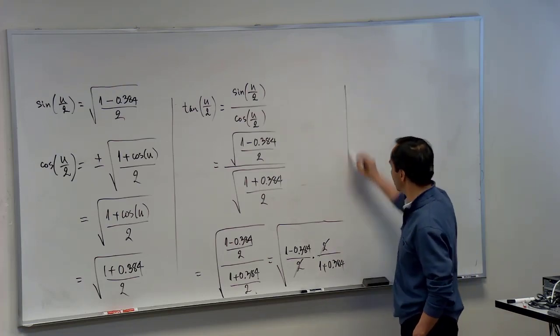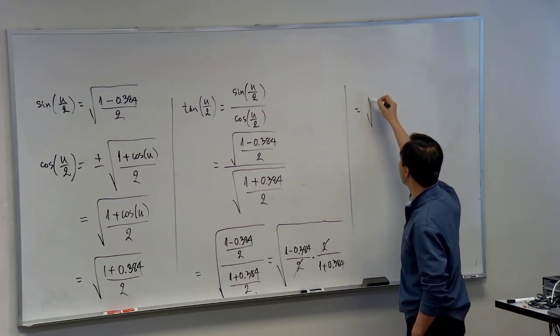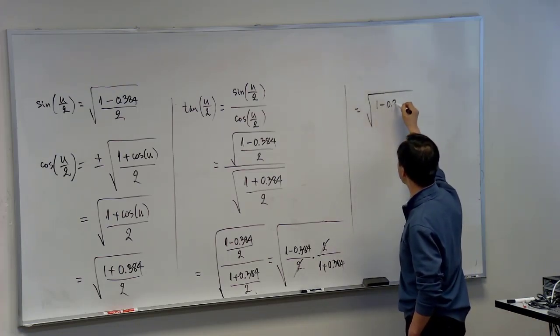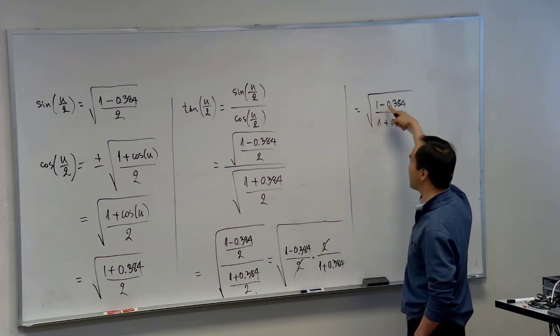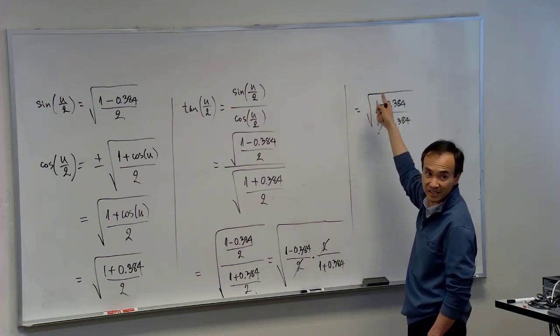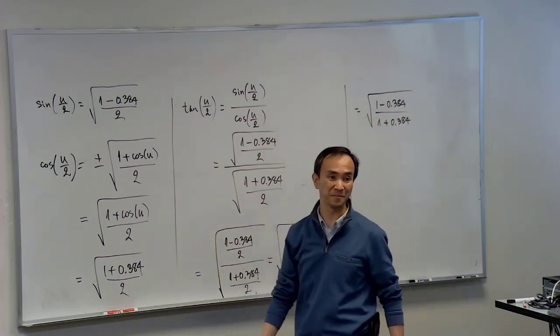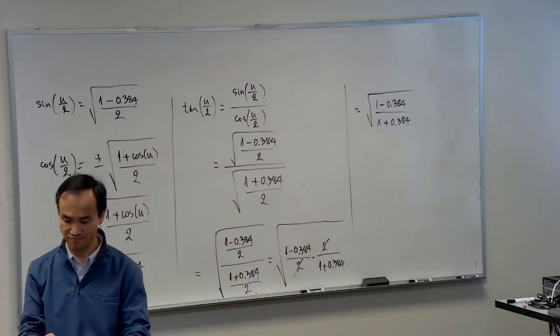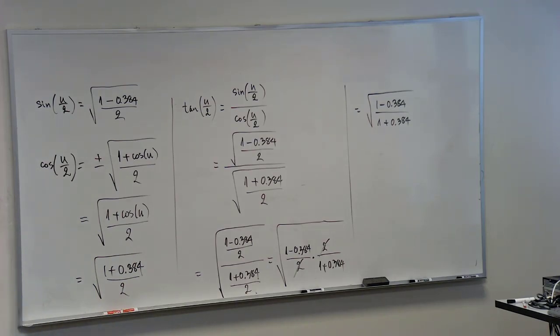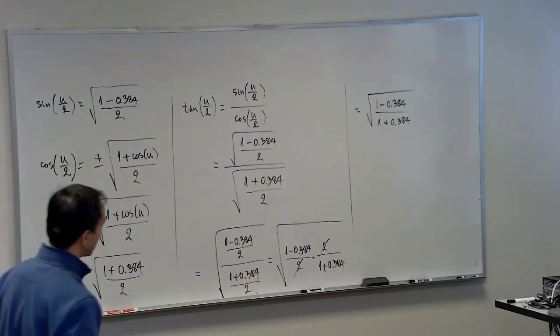And that will leave behind for us, in the square root expression, 1 minus 0.384 divided by 1 plus 0.384. So now you guys just go ahead and do the final calculation on that, and then take the final square root. That's all it needs. The final answer is just a matter of punching it in the calculator. So that's how we're handling this kind of problem. Okay.